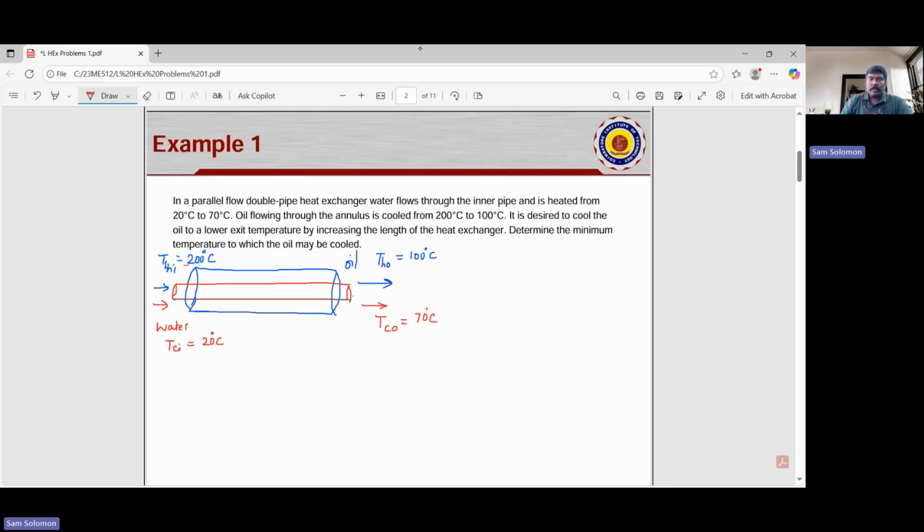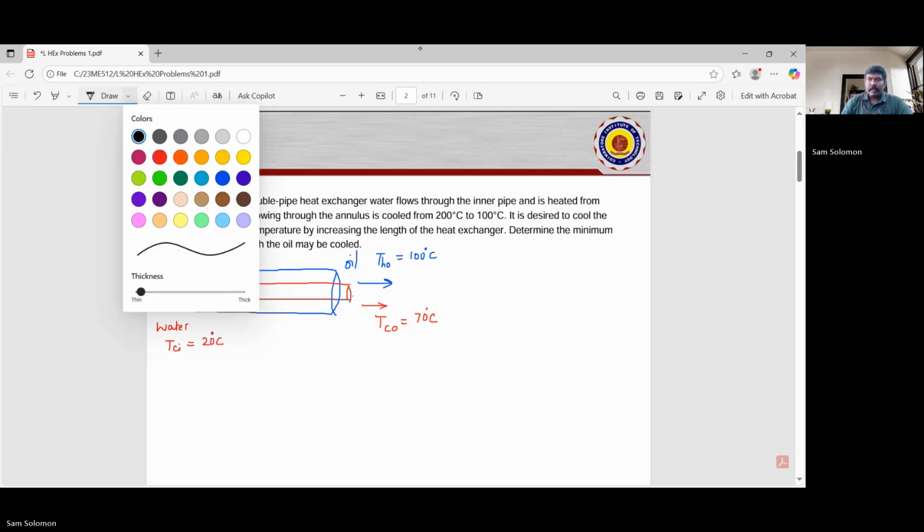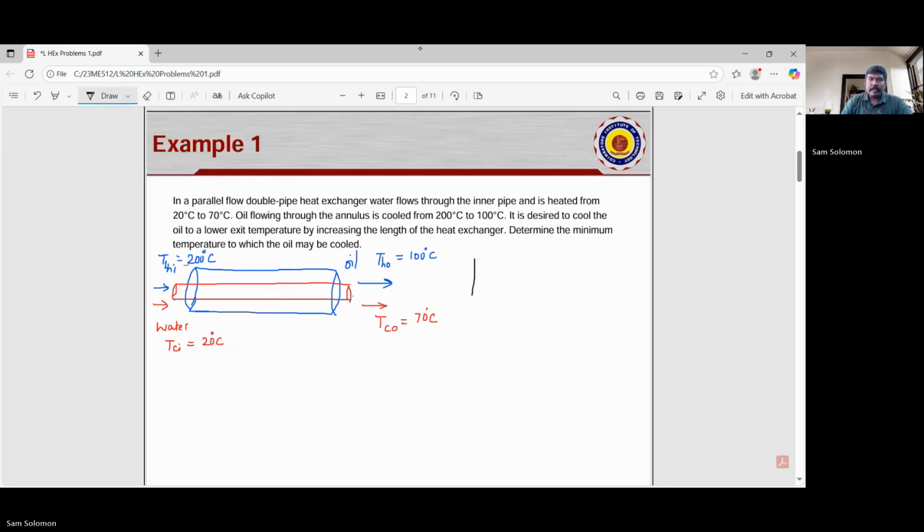Obviously, if you look at a parallel flow heat exchanger in general, say this is your inlet and exit.